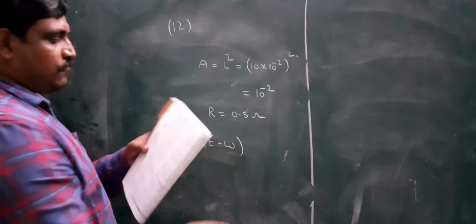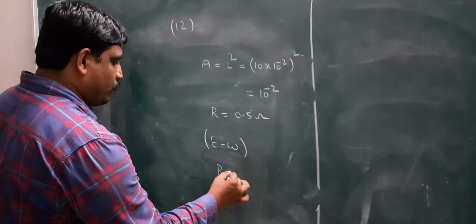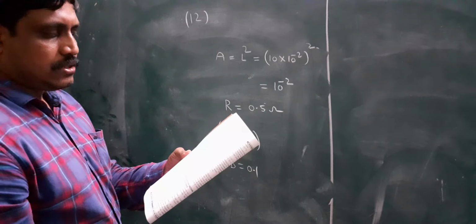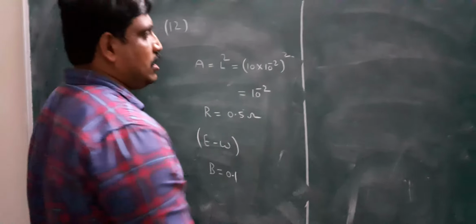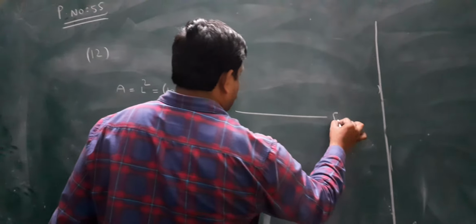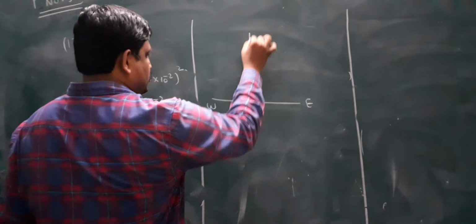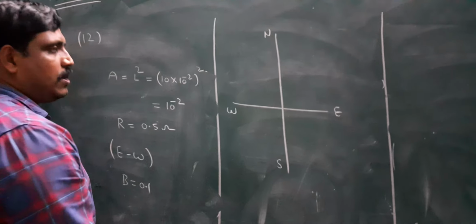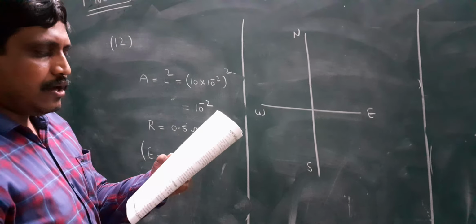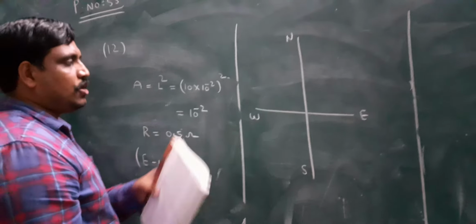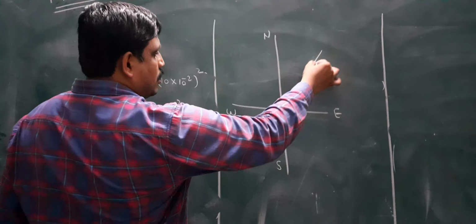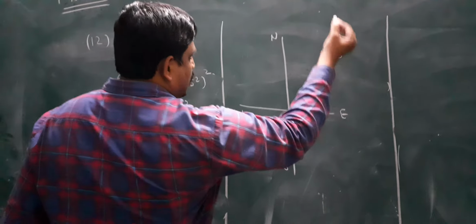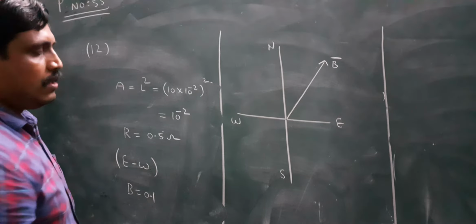Here magnetic field is 0.1, acting in the north-east direction. Once again I repeat, this is east, west, north, south, like a map on the board. According to the situation, the magnetic field direction is north-east.